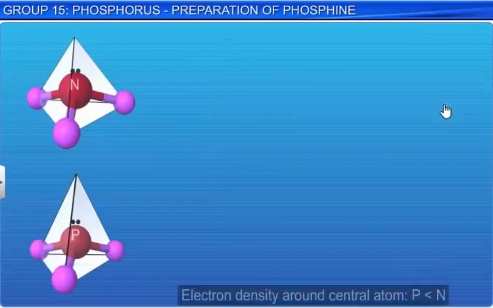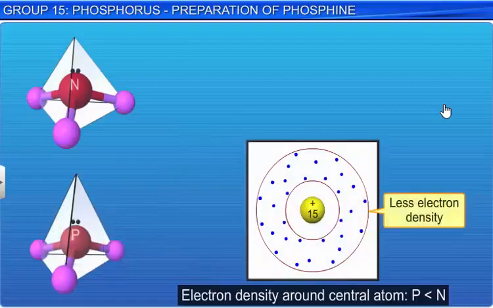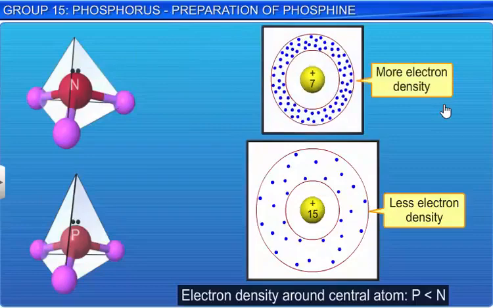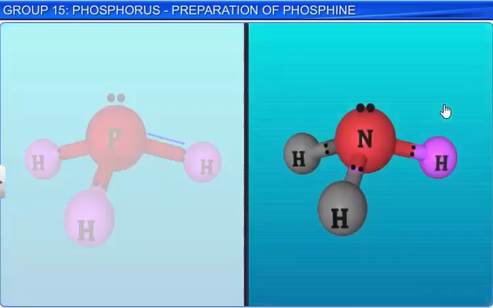You know that phosphorus has less electronegativity than nitrogen. As a consequence, the electron density around the central atom, phosphorus, is less concentrated as compared to nitrogen in ammonia. In other words, the bond pair of electrons is much farther away from the central atom in phosphine than it is in ammonia.